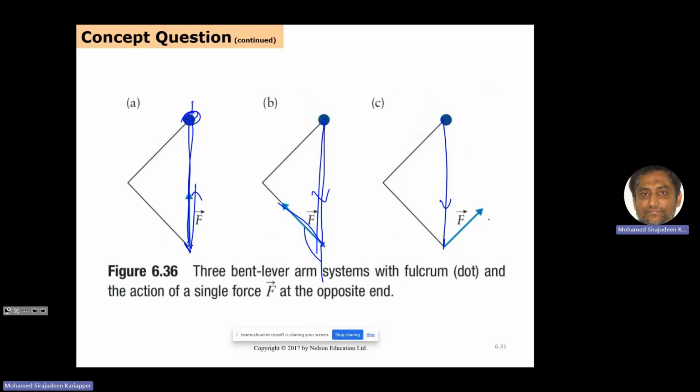I'll check. Because in A, this rotational equilibrium is there. Why is there rotational equilibrium? Angle is 180. So sine 180 is 0. So we have rotational equilibrium. The other answer, single force, that is not true. There are forces at the junction. Those forces don't matter because they will have 0 torque anyway, because R is equal to 0.